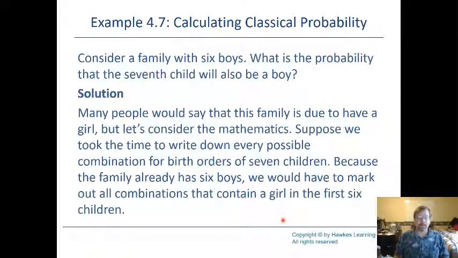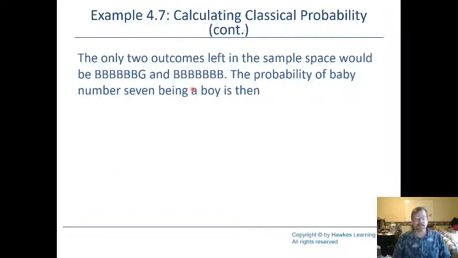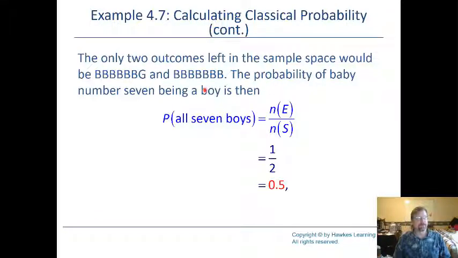We do know that the family already has 6 boys, so we could start with a subset. We've got just these two as possible outcomes: 6 boys and 1 girl, or 7 boys. Those are our 2 possible outcomes. The possibility of baby number 7 being a boy then is 50%, just as with any other pregnancy.